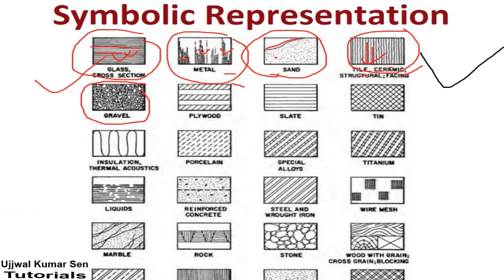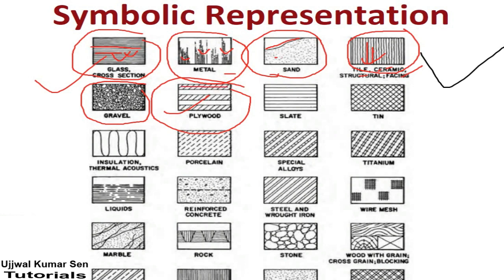This one is what? Gravel. And in the case of plywood, how do we make plywood? If you come to know about this, then you can understand its drawing. Actually, there are lots of small particles we stick together to make plywood, to make fancy wood, right? But generally plywood does not have that much strength, right? So in the case of plywood, what is happening?